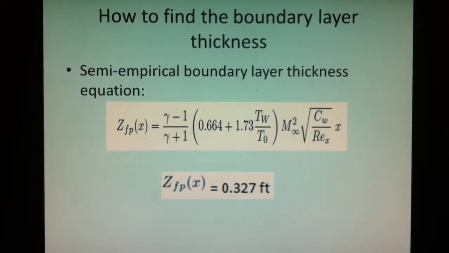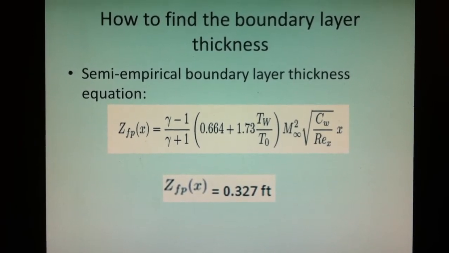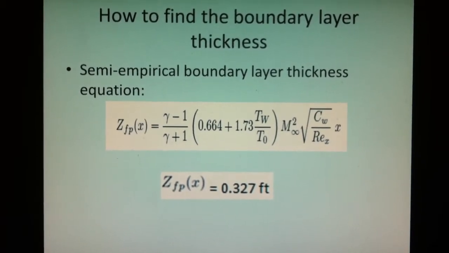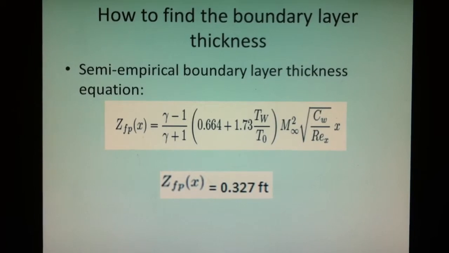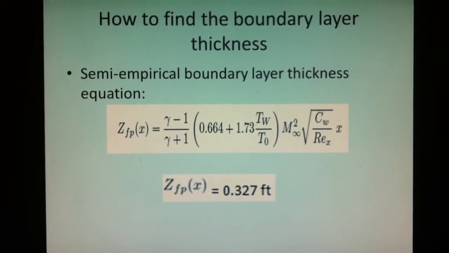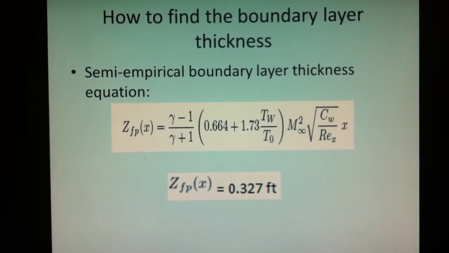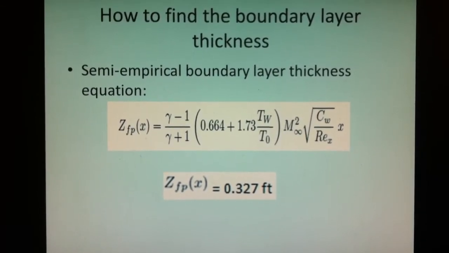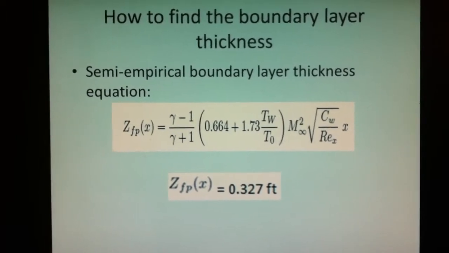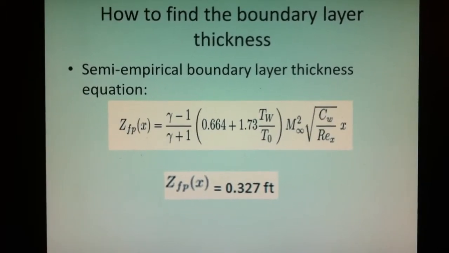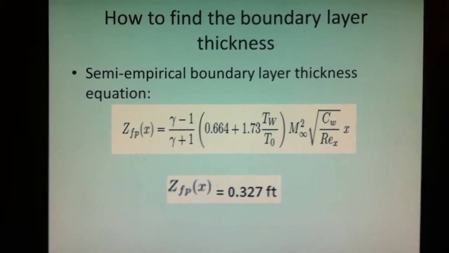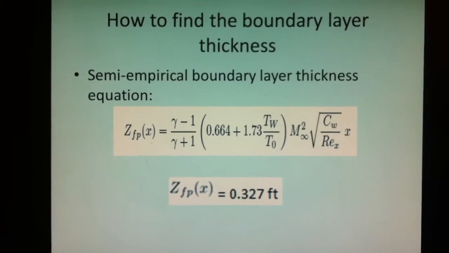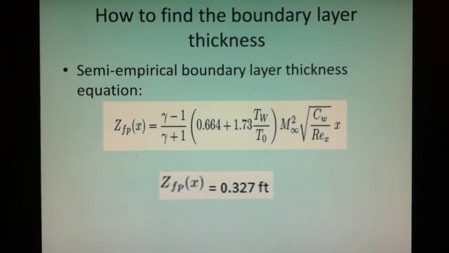Tw represents the temperature of the surface or the wall of the HTV-2, and T0 represents the stagnation temperature. M infinity represents the Mach number, which was 20, and Cw is the Chapman-Rubesin coefficient, which is given through an equation, and that's divided by the Reynolds number and multiplied by x, which is the length of the HTV-2 vehicle.